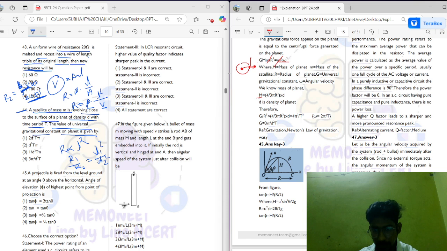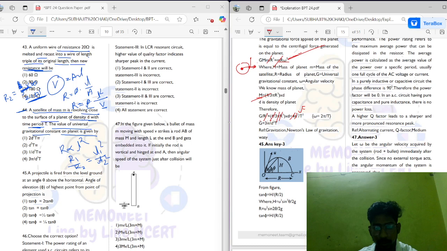Omega equals 2 pi by t, so omega square becomes 4 pi square by t square. So 4 cancels out, r cube cancels out, and pi cancels out. Therefore from this you can say G equals 3 pi by d t square.